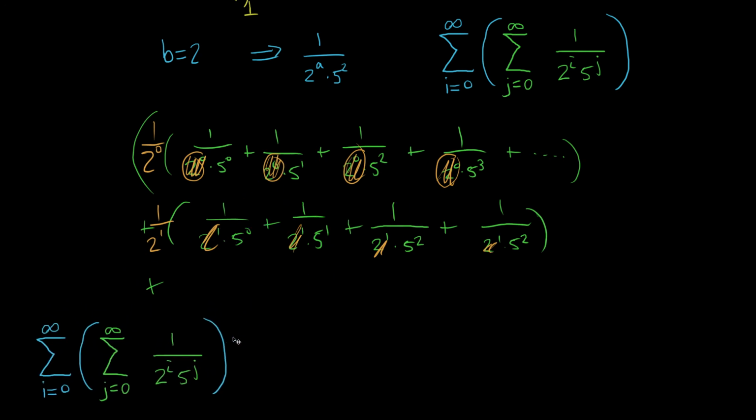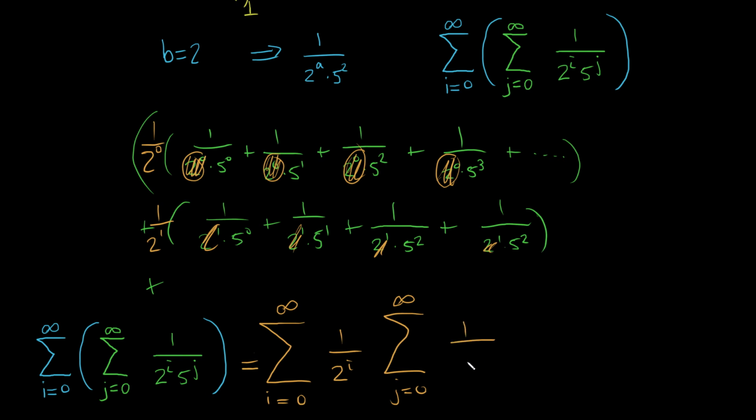This is going to be equal to, if you took the sum of i starting at 0 to infinity of 1 over 2 to the power of i, times the sum from j starting at 0 to infinity if you just took 1 over 5 to the j.